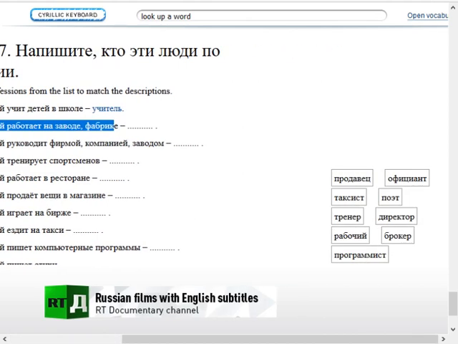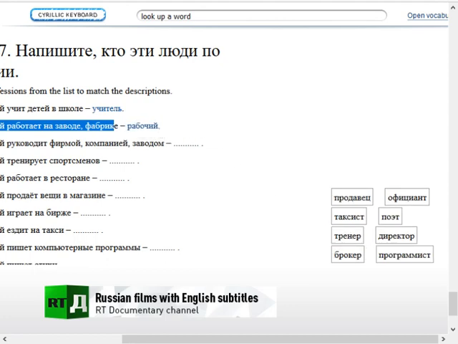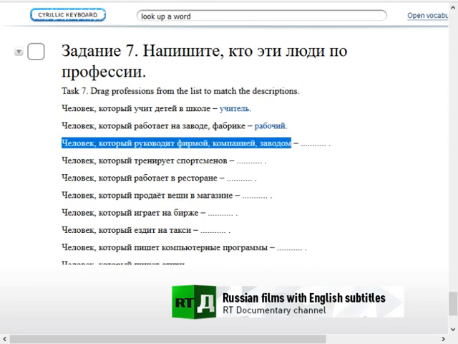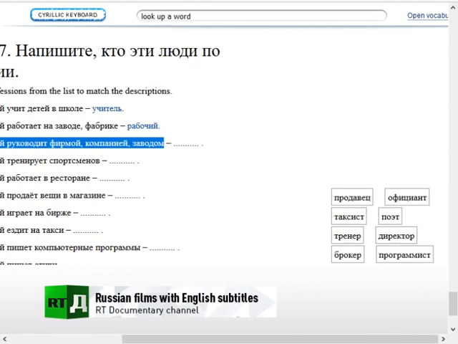I believe the word is just рабочий, I think рабочий is just like a worker, like a factory worker. Человек, который руководит фирмой, компанией, заводом, the person who manages a firm or a company is a manager.